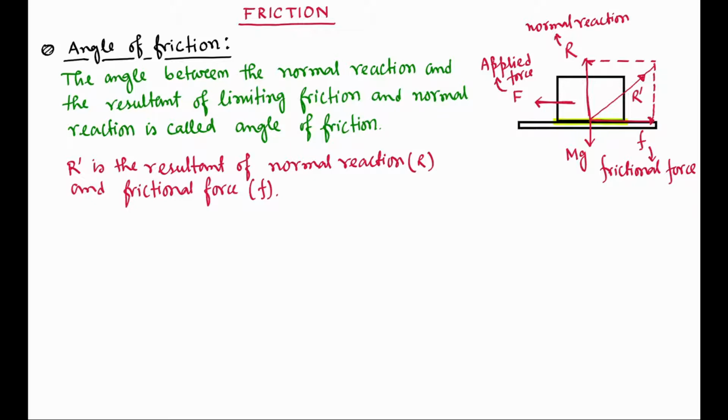The angle between normal reaction and the resultant, that means R prime, is known as angle of friction. Here theta is the angle of friction.